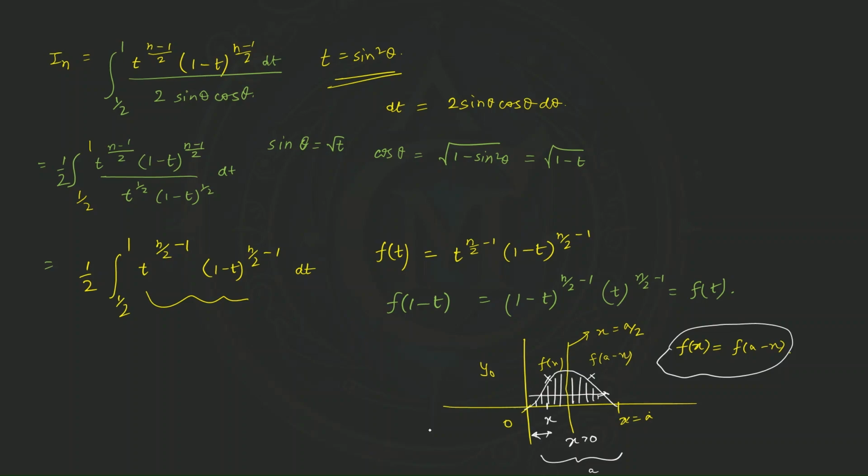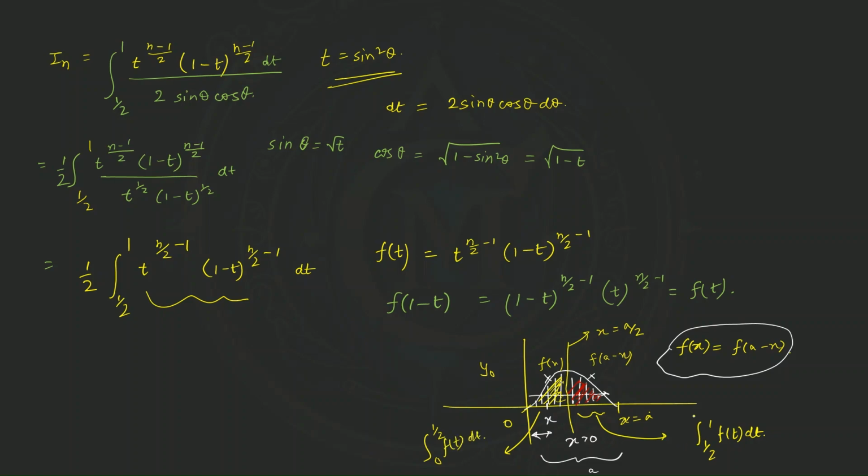These two areas here, this yellow and white area, and this red and white area, these two areas will be the same, right? That means this area here will be nothing but the integral from half to 1 of f of t dt, and this area will be the integral from 0 to half of f of t dt, right?